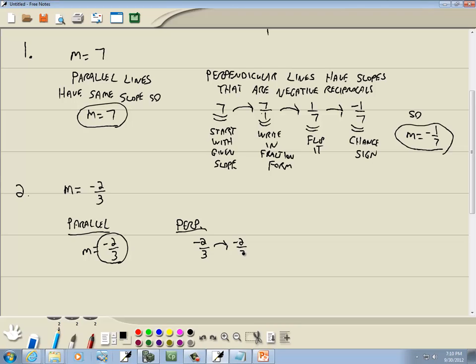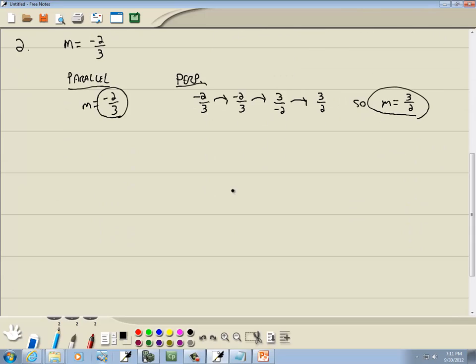We'll write it in fraction form. Well, it's already in fraction form, so we're fine. Flip it, so it becomes 3 over negative 2. And then change its sign, so it goes from negative 3 over 2 to a positive 3 over 2. So the m of this is 3/2. And those will be our answers.